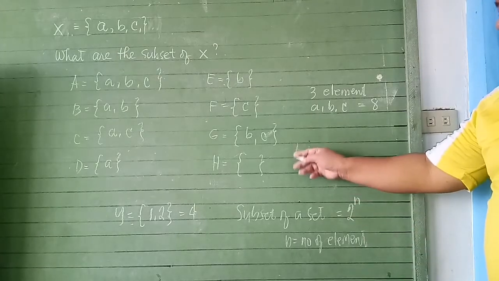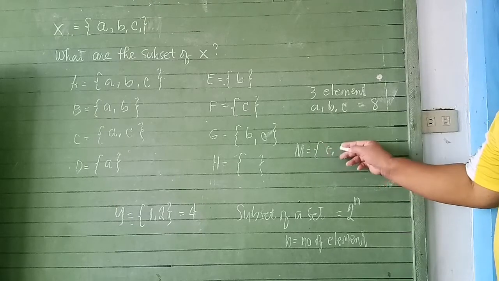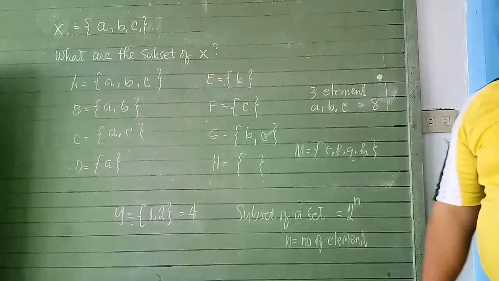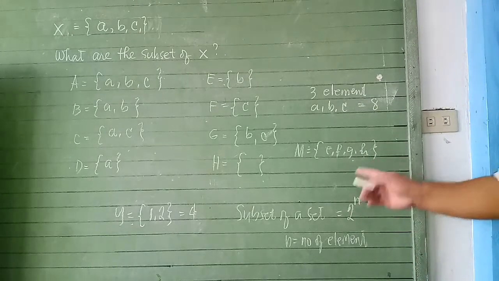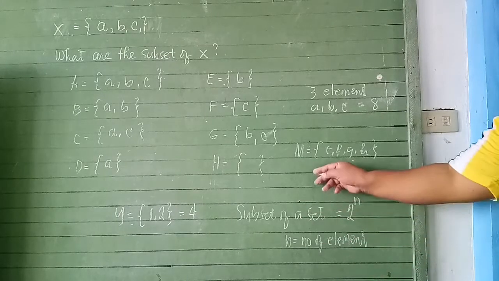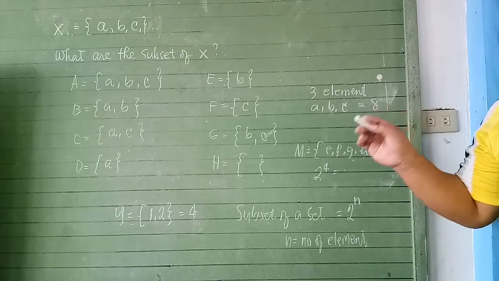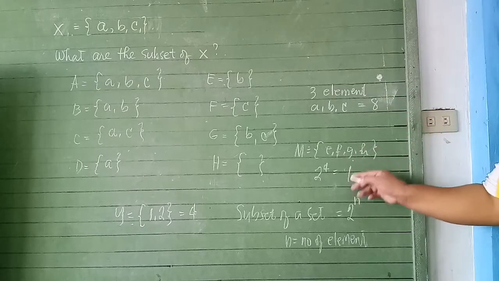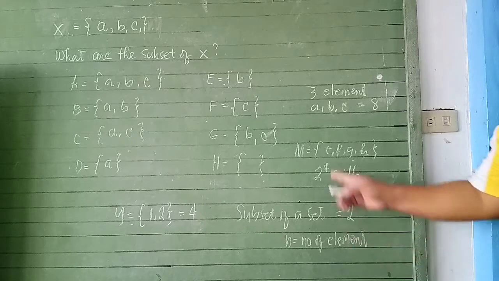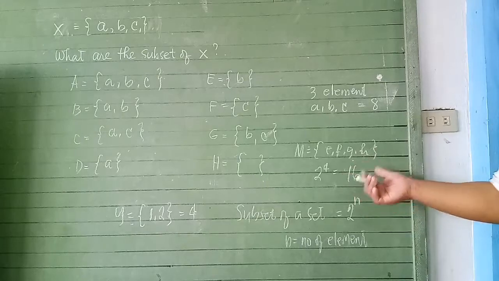Let's say we have here set N contains the elements E, F, G, H. Can we say how many subsets does set N have? Containing 4 elements, we're going to use 2 to the 4, and 2 to the 4 is 2 times 2, 4 times 2, 8 times 2 is 16. So without writing down all the subsets, we can say that set N that contains 4 elements has 16 subsets.